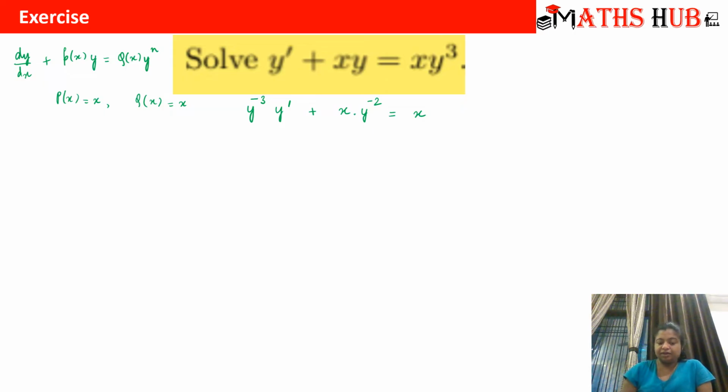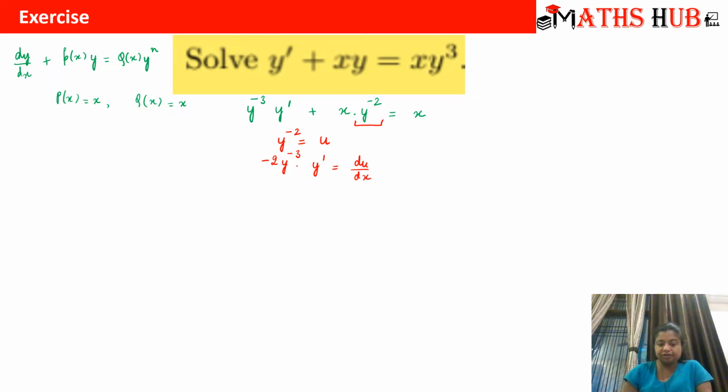Now, whatever term we have with the coefficient of x here, y^(-2), substitute that equal to some u. The differential coefficient was dy/dx, so let us convert it in terms of du/dx. Taking the derivative, we get -2 y^(-3) dy/dx, which is y', equal to du/dx.